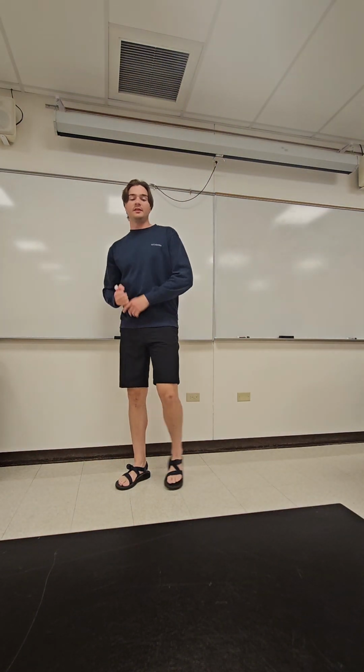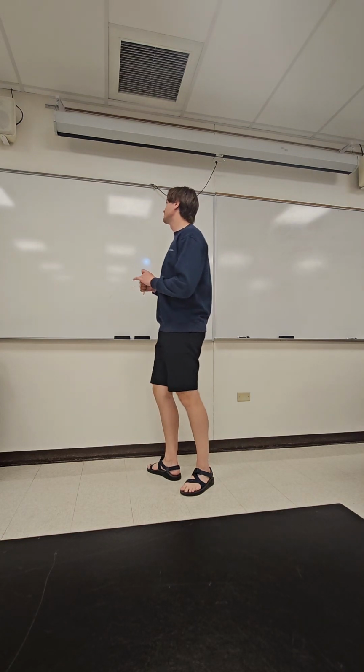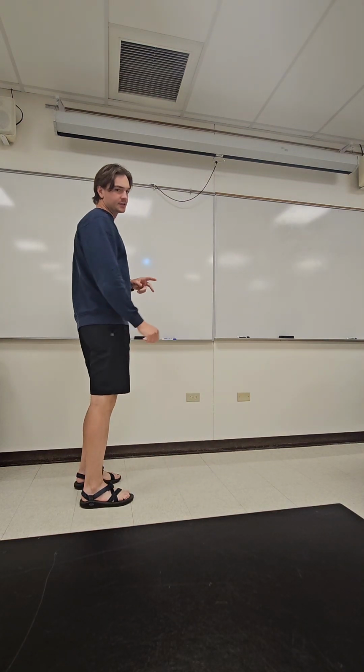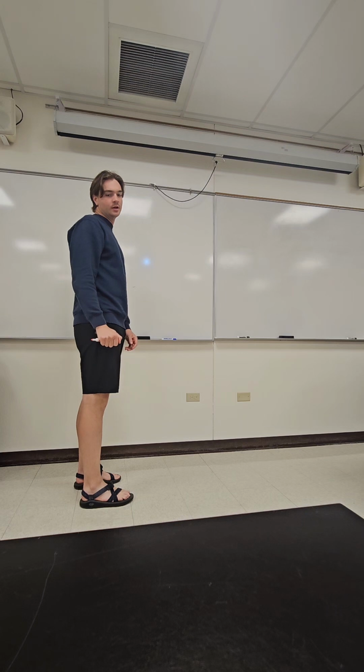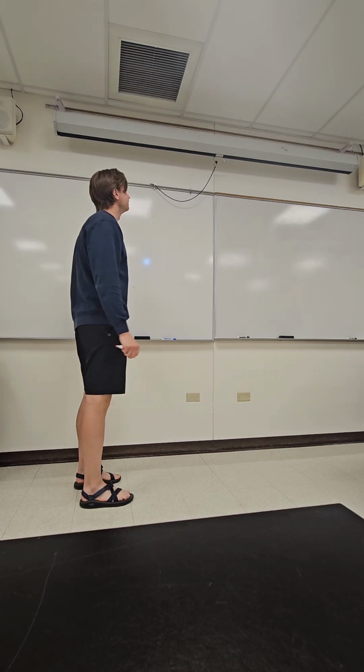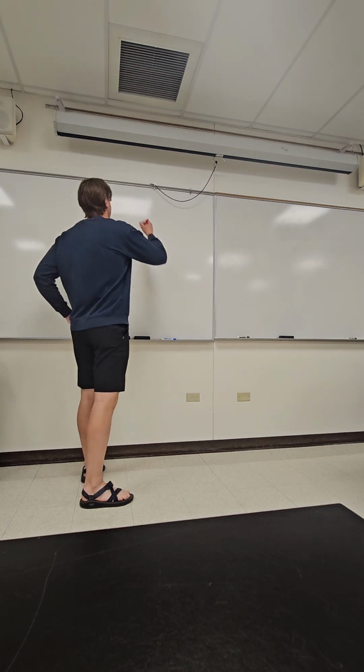All right, now we're going to talk about the differences between skeletal and smooth muscle. We're going to talk about functional, regulatory, and structural differences. First off, we'll talk about structural differences.